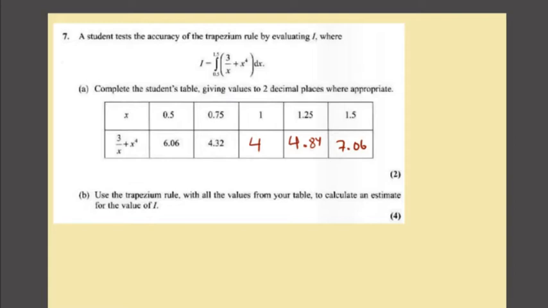Okay, so, new page. We've got our function with our boundaries, and we just have to use the trapezium rule now because we know what the values are between those two boundaries.